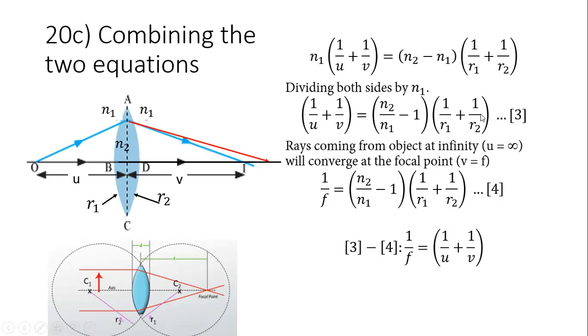Then equations 3 and 4. 3 subtract 4. Remember, this is your 1 over F. Sorry, I think it should be, have I done something wrong here? 3 subtract 4.